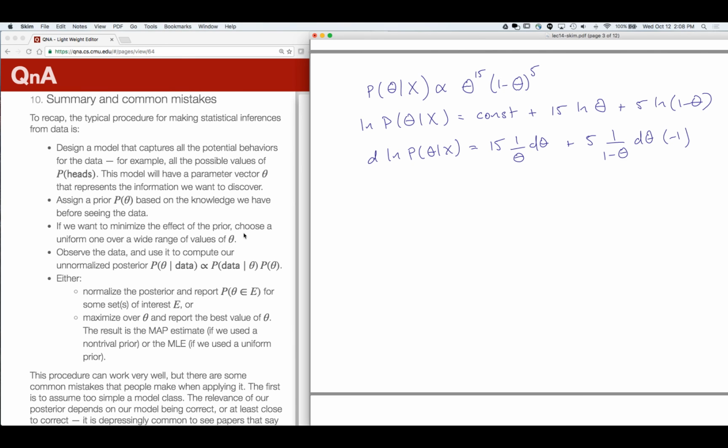Then we observe the data and use it to compute our unnormalized posterior, and we either normalize the posterior and report the integral over some event of interest, or we maximize over the parameters and report the best value of the parameters. And that's called MAP if we used a prior, or the maximum likelihood estimate if we used a uniform prior.